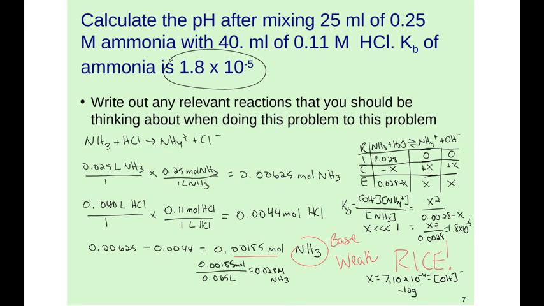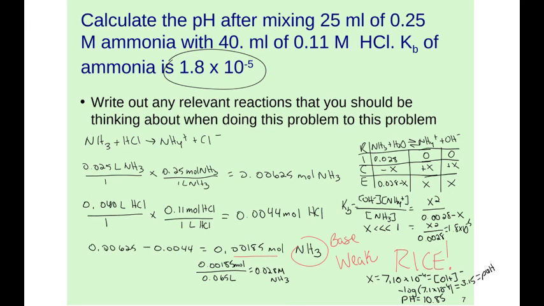So negative log of that number, 7.1 times 10 to the negative fourth, is equal to 3.15, which is our pOH, which means pH is equal to 14 minus 3.15, which is 10.85.